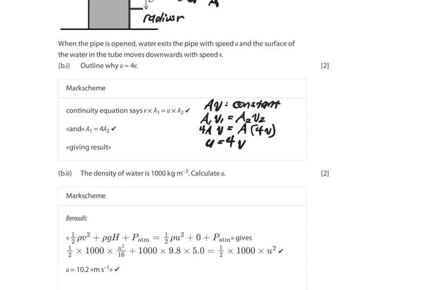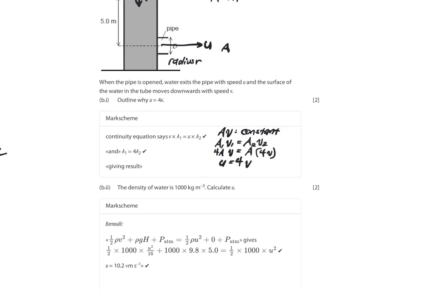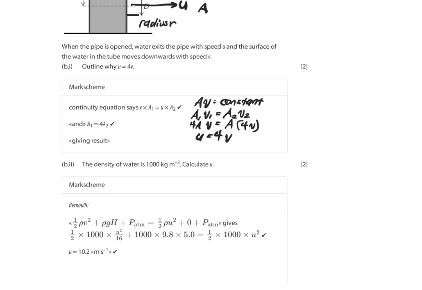And then it says the density of the water is 1,000 kilograms per cubic meter, and to calculate what that speed actually is. If we're looking at speed, that's going to be Bernoulli. So we set Bernoulli as constant: 1/2 rho v squared plus rho gh plus the atmospheric pressure is the same both before and after.